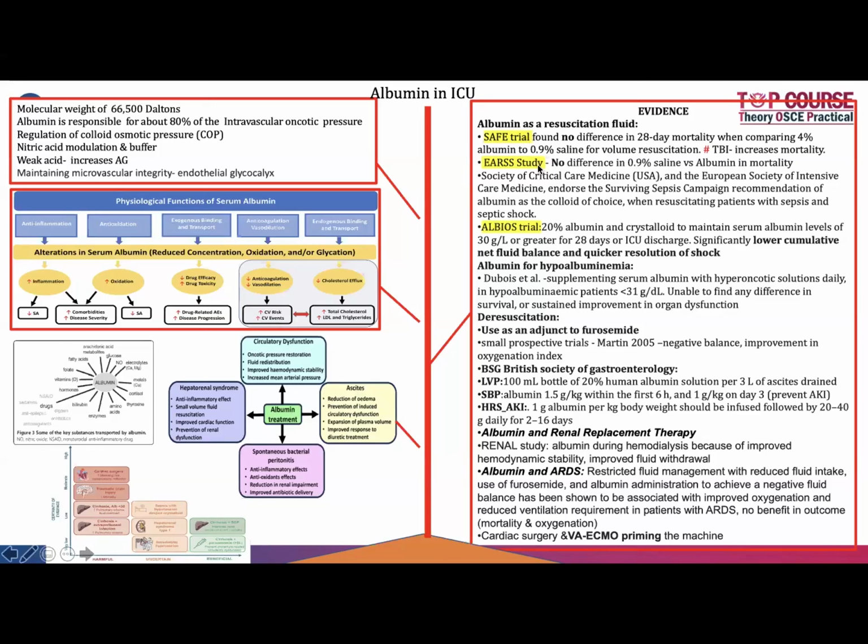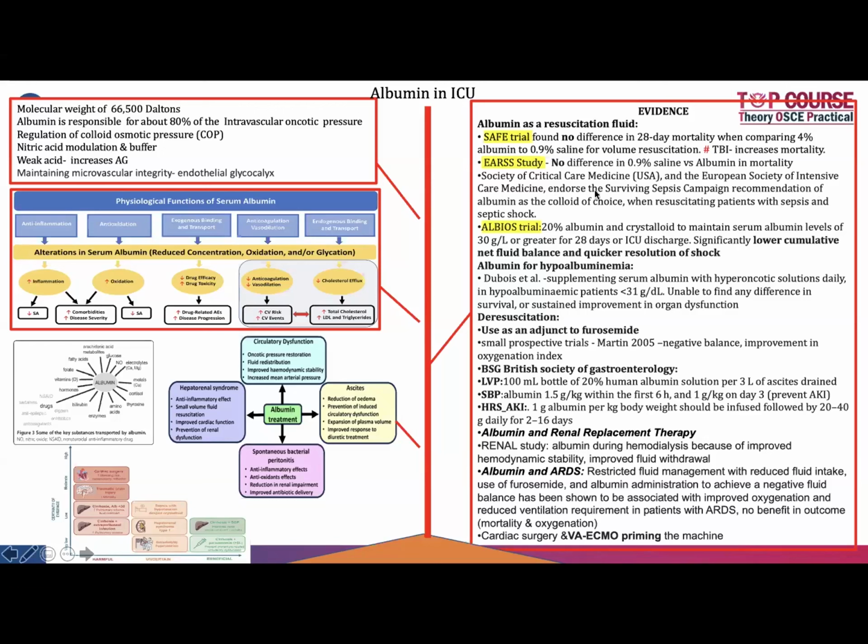There was no difference in saline versus albumin in mortality. But still, the Society of Critical Care Medicine, European Society of Intensive Care Medicine, and the Surviving Sepsis Campaign guideline recommend albumin as a choice in patients with septic shock.